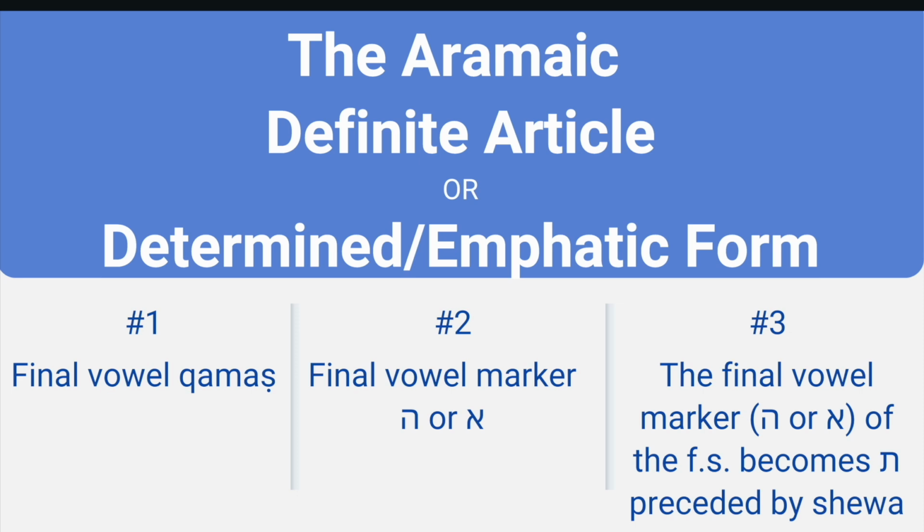So tav can be a sign that we are dealing with a feminine singular noun. Notice that I said it can be a sign that we're dealing with a feminine singular noun or adjective.